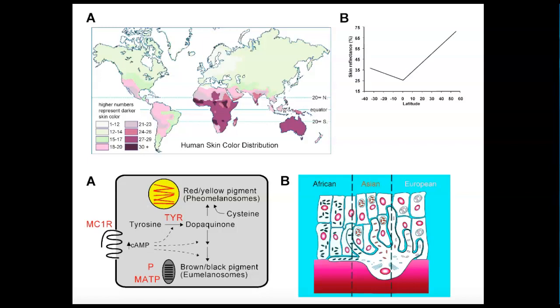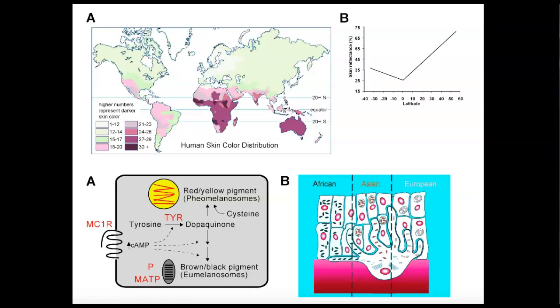And your ancestry determines the amount of this pigment that you have in your skin. The more of that brown or black pigment you have, the more it creates a solar umbrella over your skin that prevents UV radiation from getting in.